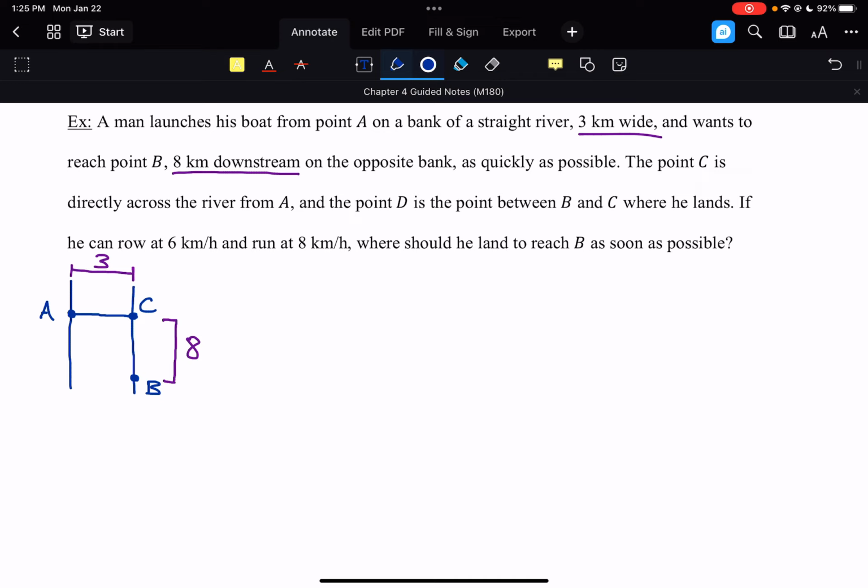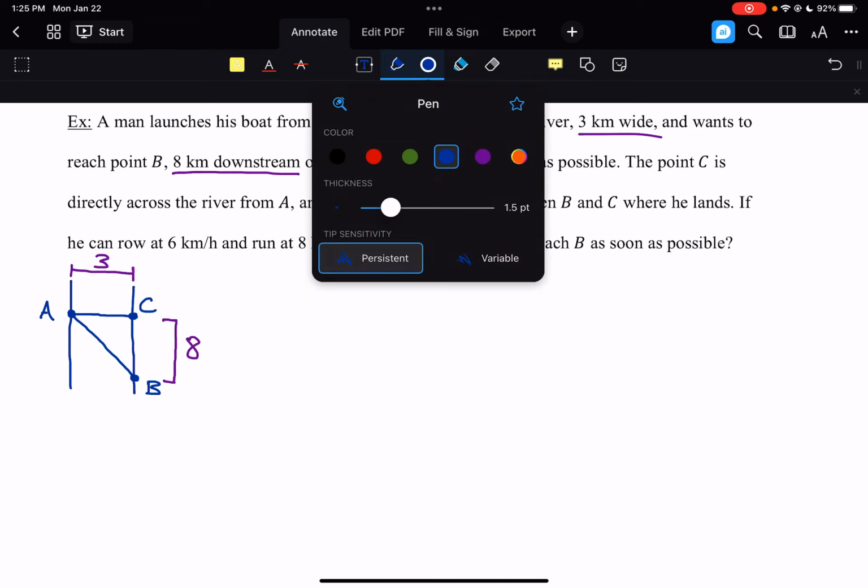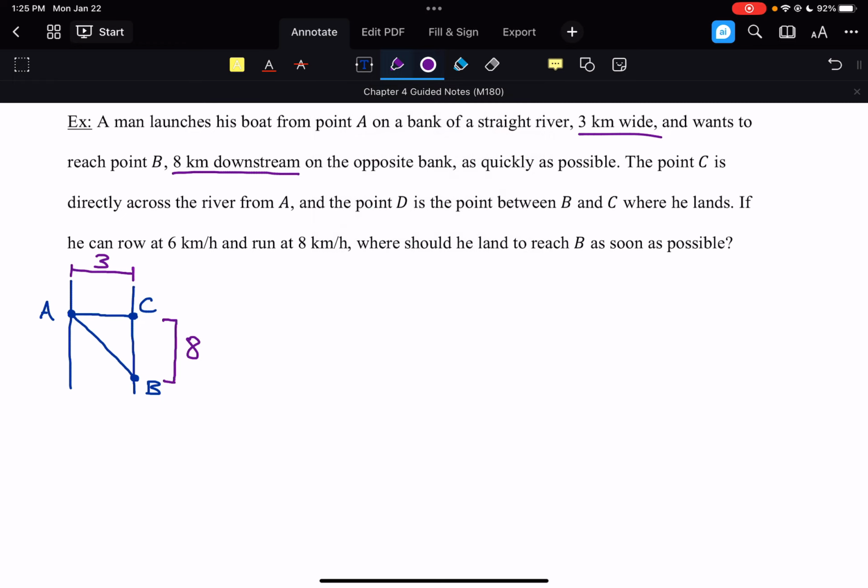So he could go straight across and then just run the whole way, or he could row all the way straight to point B, or he could go somewhere in between. So that somewhere in between, that right there, that's our point D.